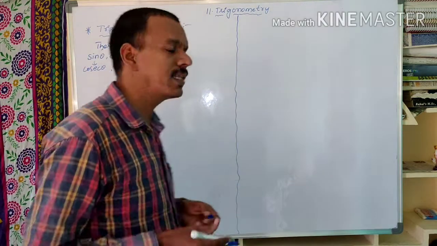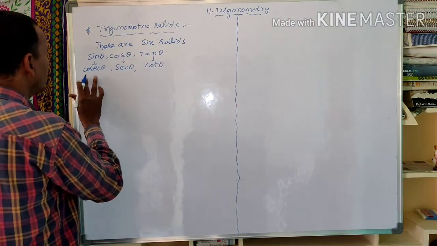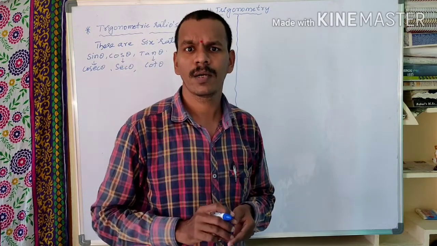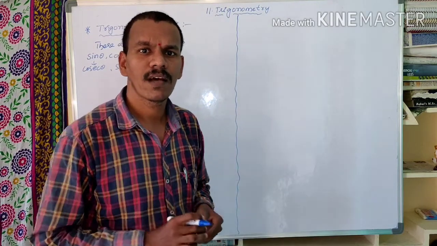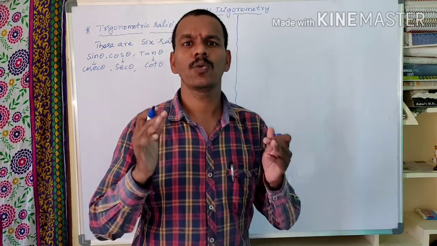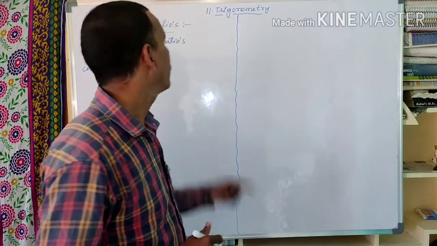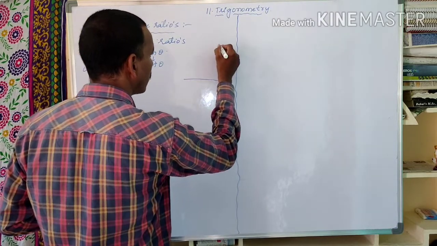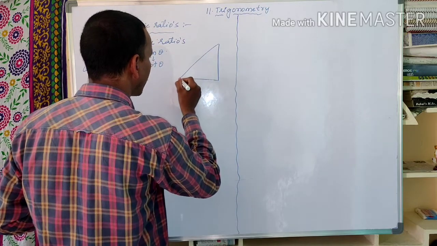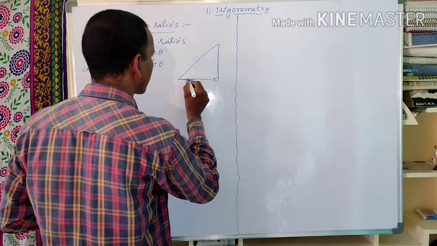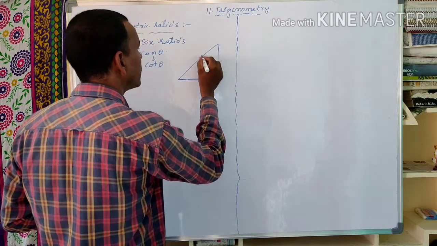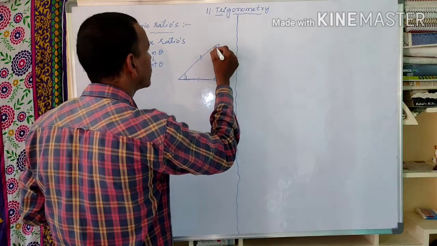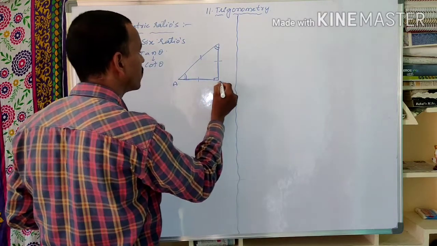Now the first one is sin theta. But first of all, what are trigonometric ratios? Trigonometric ratios are nothing but the ratios of the sides of a right angle triangle with respect to its acute angle.